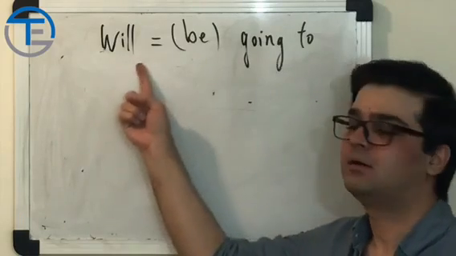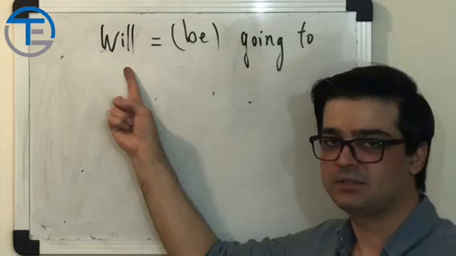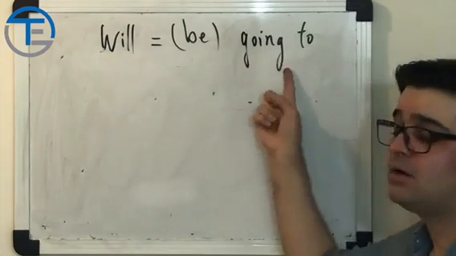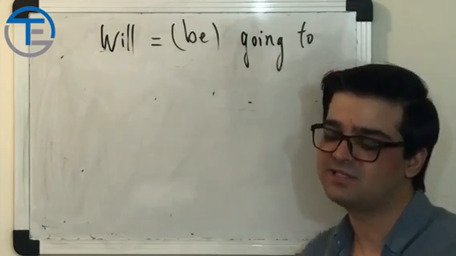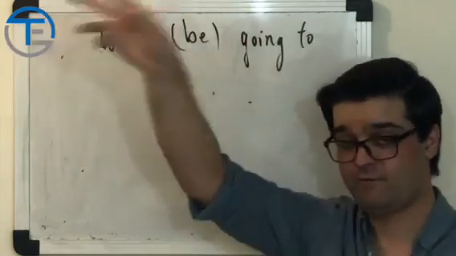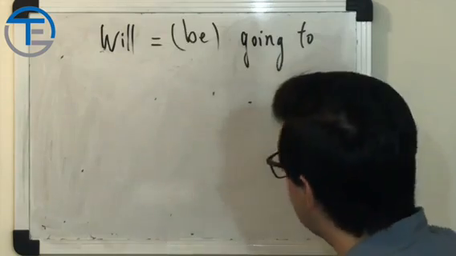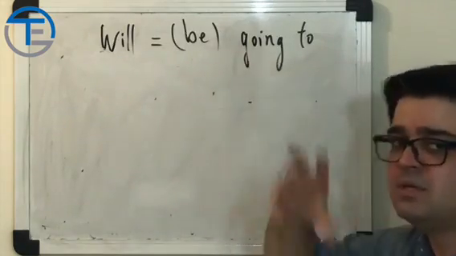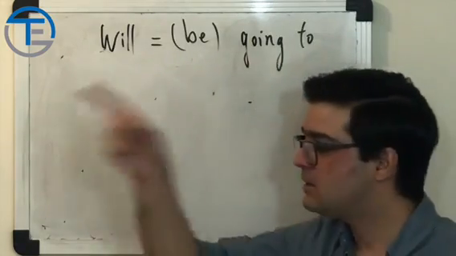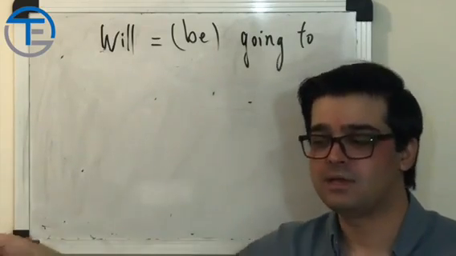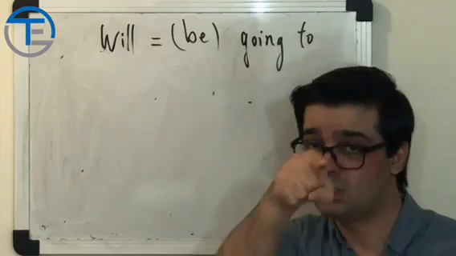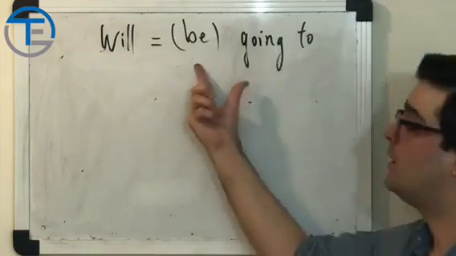Will is the modal verb, yes? You can use be going to this phrase instead of will in your sentences that is related to the future. So be here, am, is, are. It depends on your subject or subject pronoun. I am, he is, you are going to.